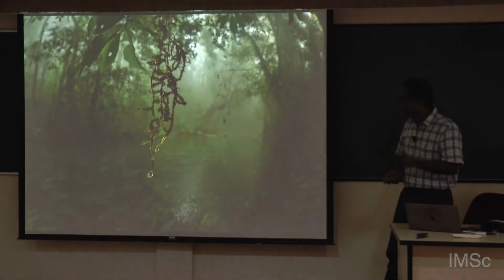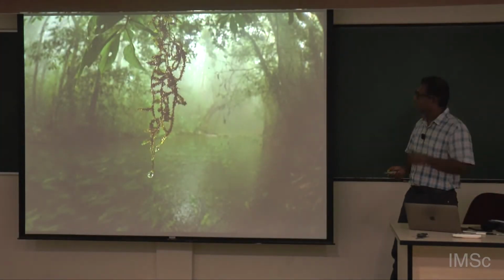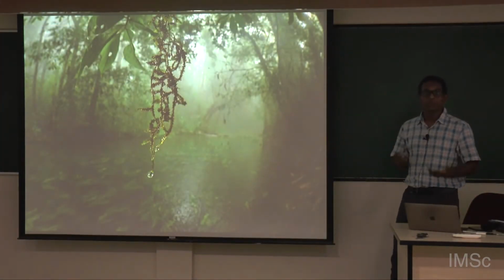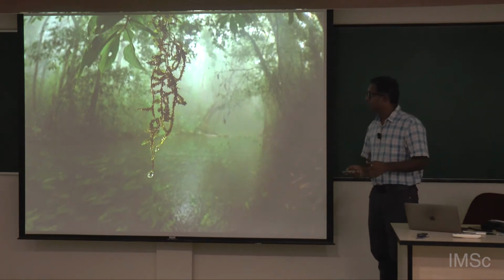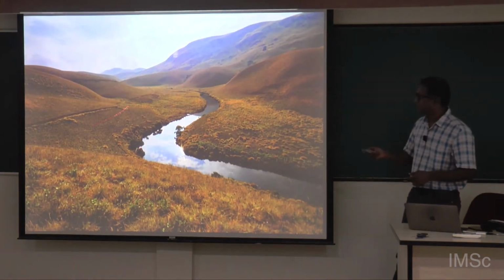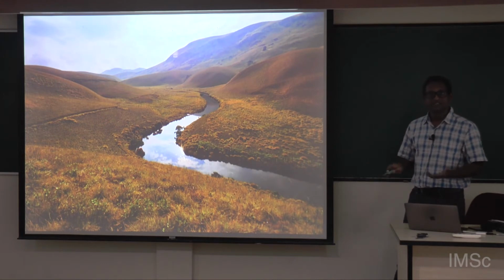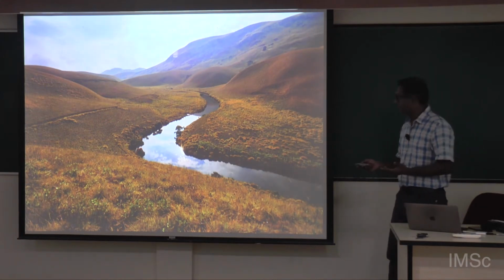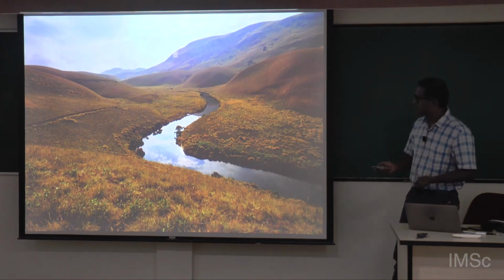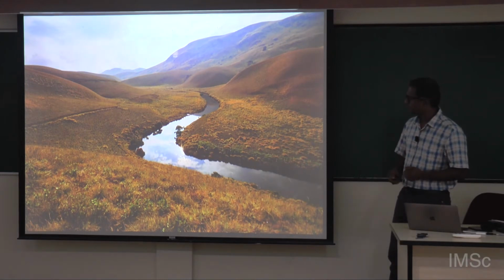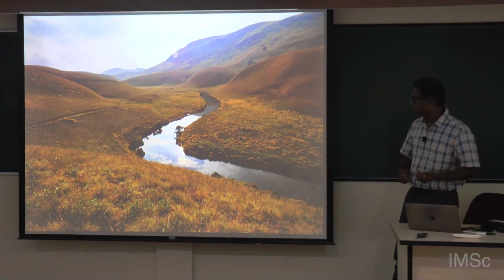Okay, so that's something that's important to note. The other is the wet and cool habitat that I was talking about. A lot of rivers originate in this habitat. This one is again, I think, Eravikulam, which is near Munnar.